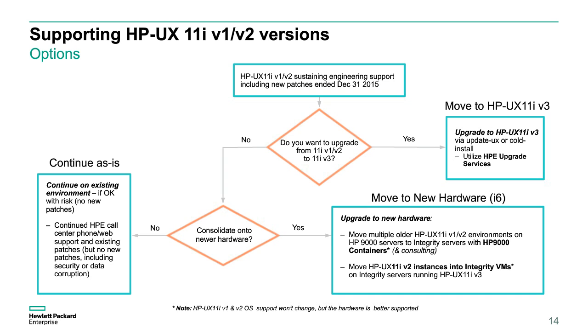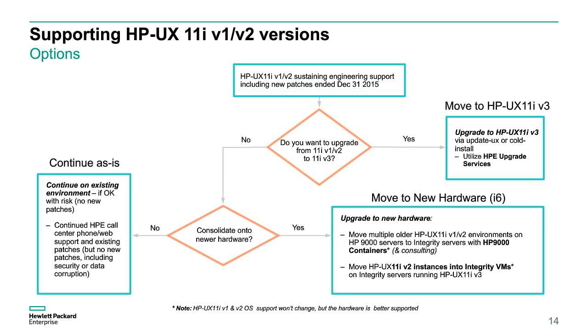So if you don't want to do that upgrade, what choices have you got? You can consolidate your existing OS instances onto newer hardware, or you can stay on the platform that you're running on today. So, as mentioned earlier, we still have support for 11iv2 without sustaining engineering until the end of December 2021.